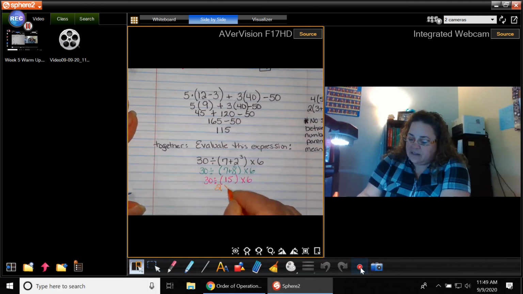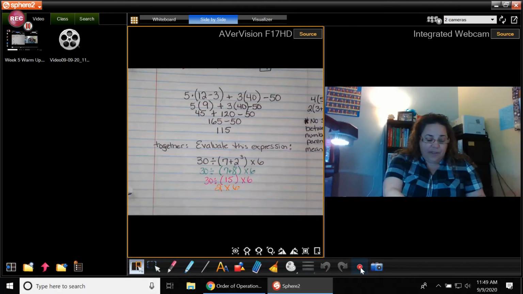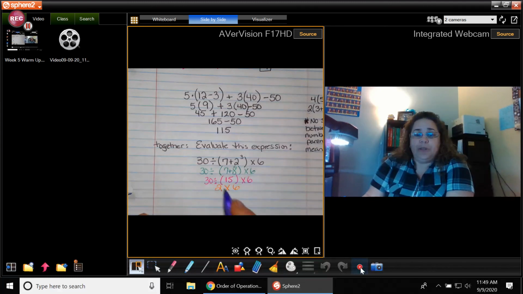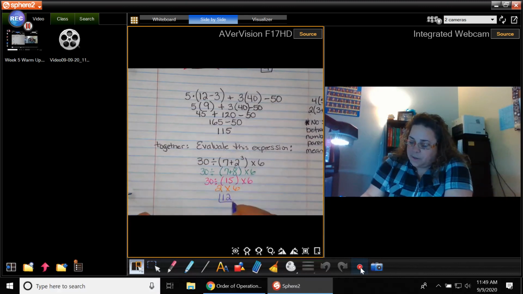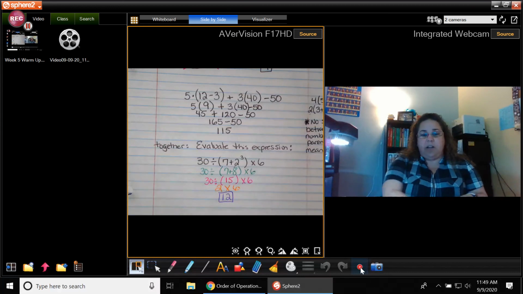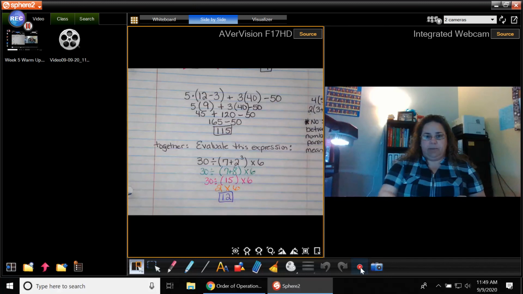Bring everything else down. And now I am left with a simple multiplication problem. 2 times 6 equals 12. And I put a square around my answer. Okay, remember to put squares around your answer so that I know what your answer is. And you know what your answer is. Okay?